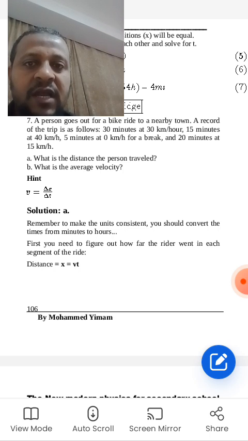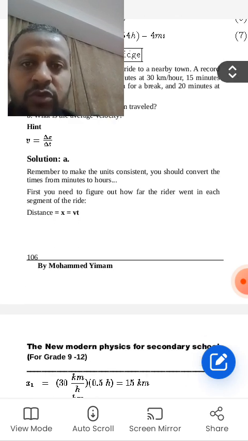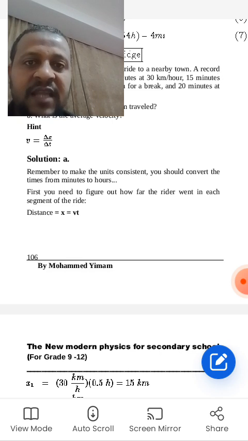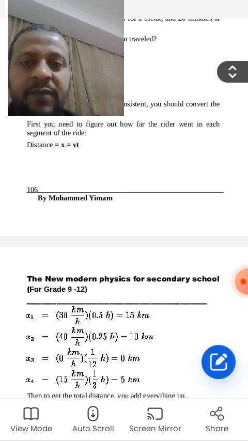Solution A. Remember, to make the units consistent, you should convert the time from minutes to hours. First, you need to figure out how far the rider went in each segment. In each segment, distance x is equal to velocity times time.